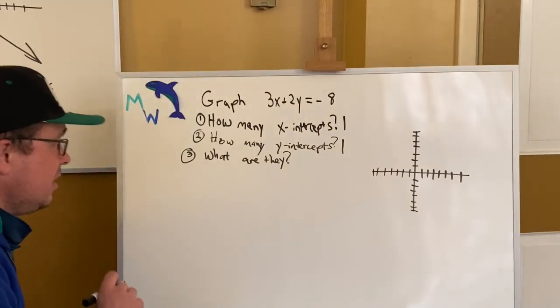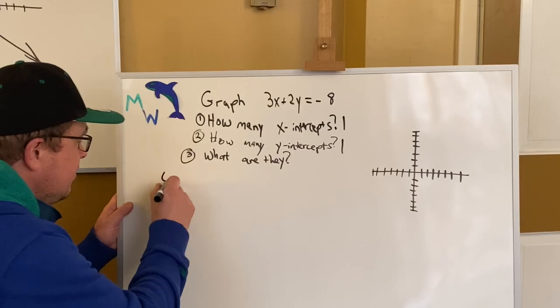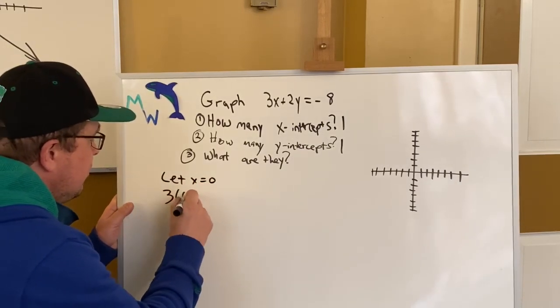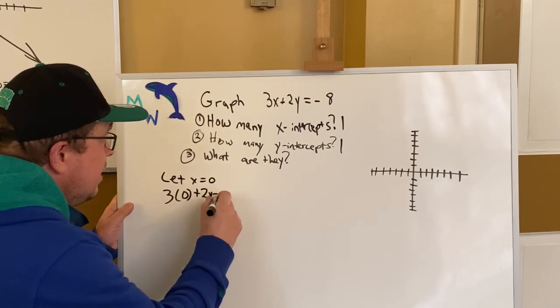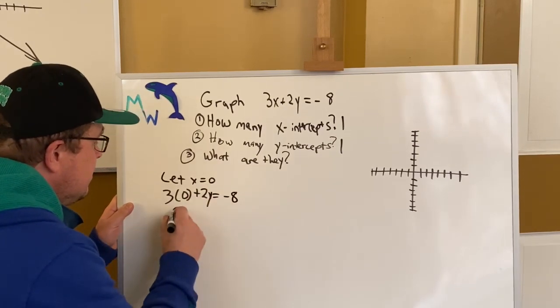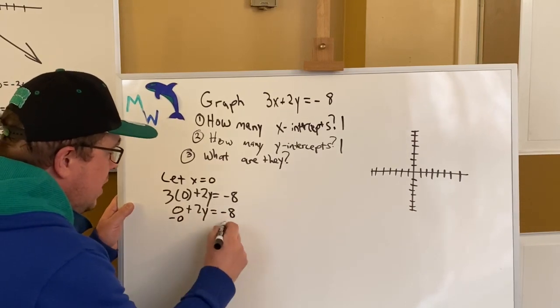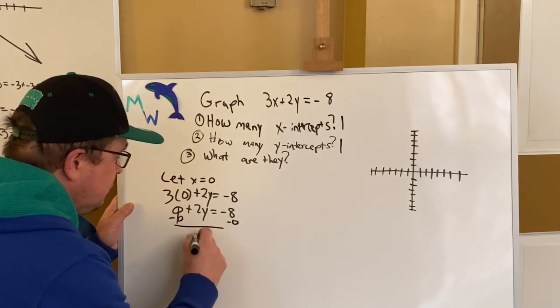The first one turns out to be okay. Letting x equal 0, we got 3 times 0 plus 2y equals negative 8. This is 0 plus 2y, still equals negative 8, and 0 plus 2y is the same thing as 2y.